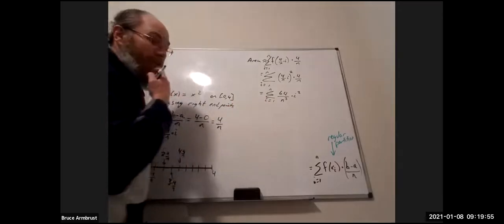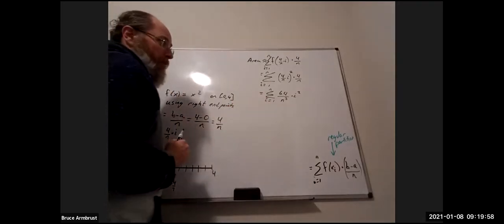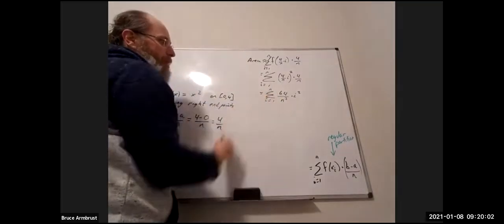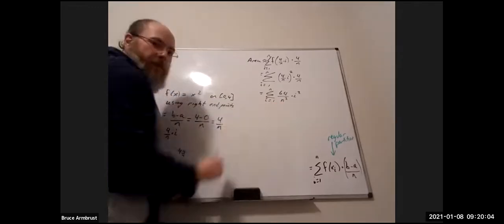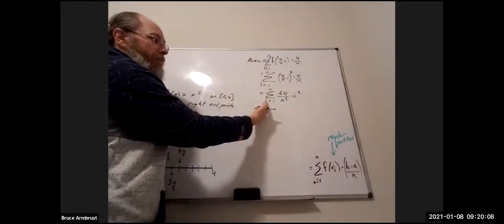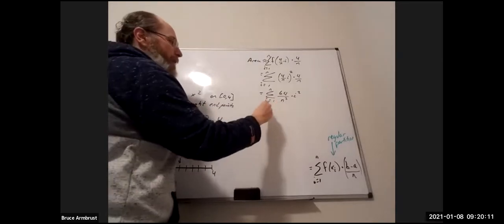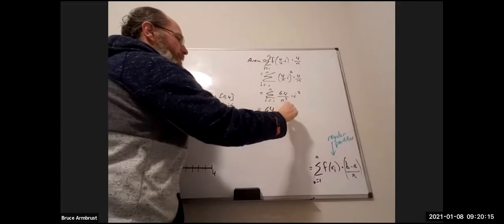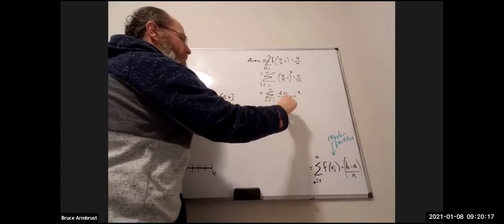So now we're going to make use of the sum formulas. Notice that 64, obviously, is a constant. I can pull that out front. n cubed is also constant in terms of the sum. The sum's variable is i, so I can pull that n cubed out as well. So I get 64 over n cubed times the sum of the i squareds.